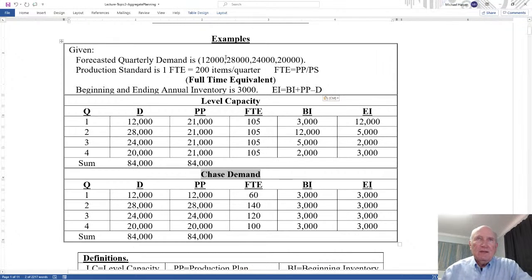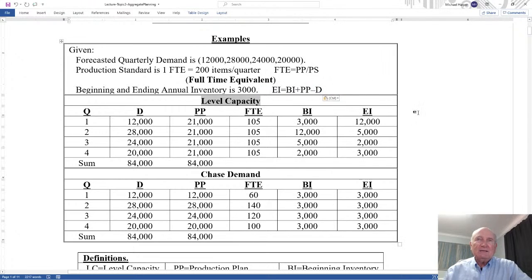Notice, and here it comes, notice the demand has variability. We talked about variability. It goes up, it comes down, it has variability. The variability is not reflected in the labor capacity, but the variability is totally reflected in the inventory.